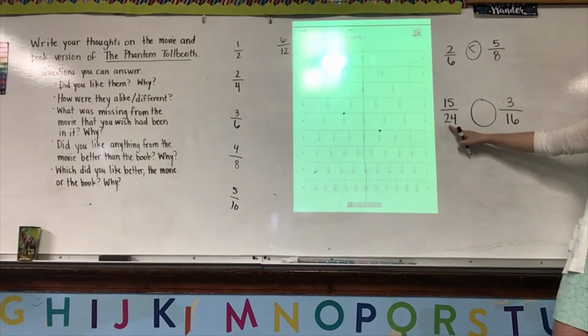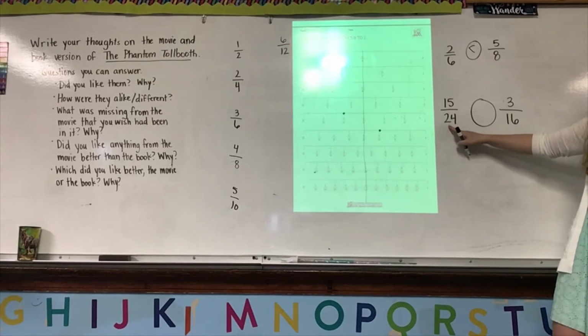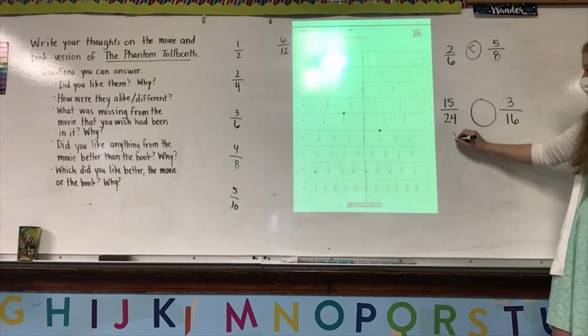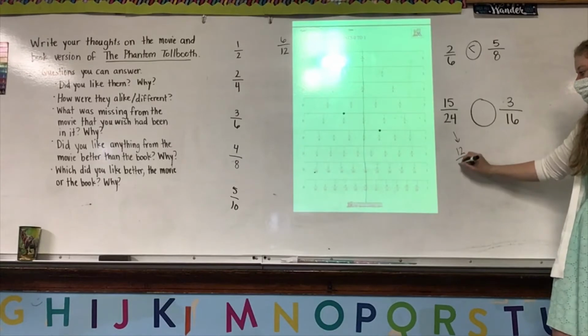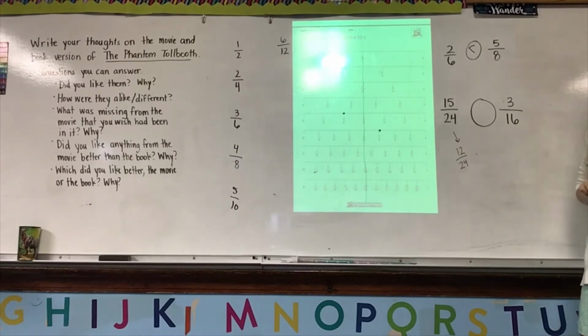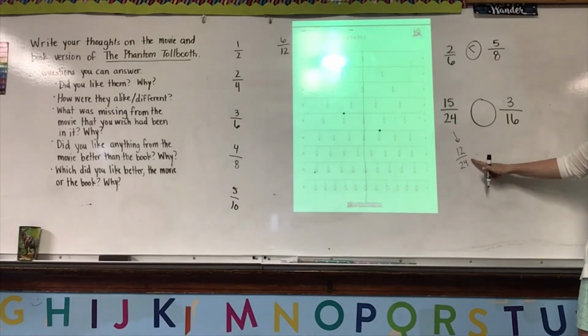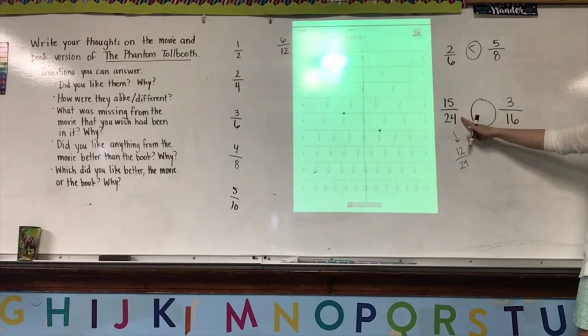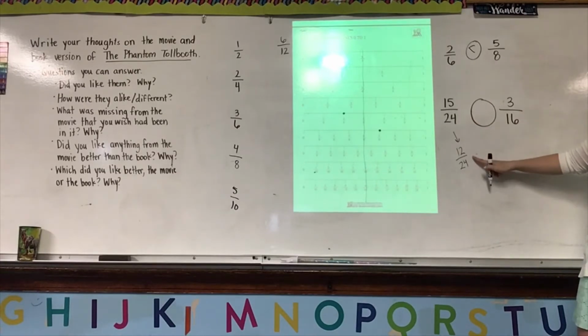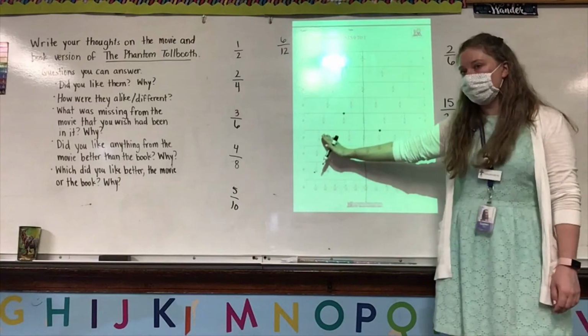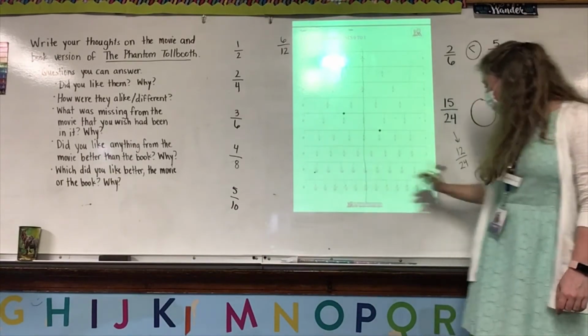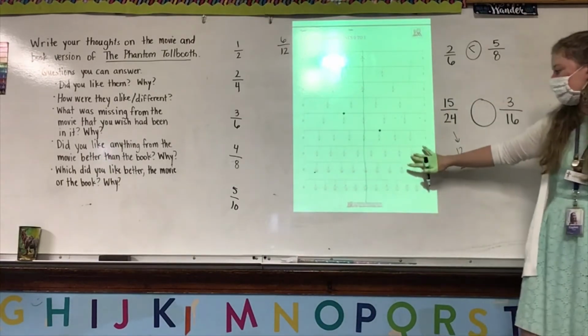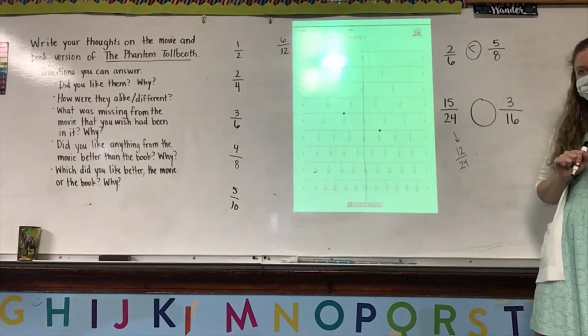Cullen? 12. What would the fraction look like? 12/24ths. So if 12/24ths is half, is 15/24ths greater than or less than half?